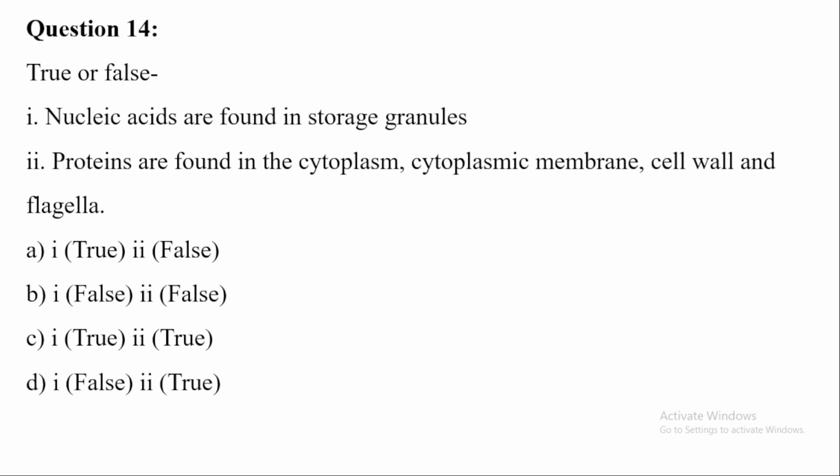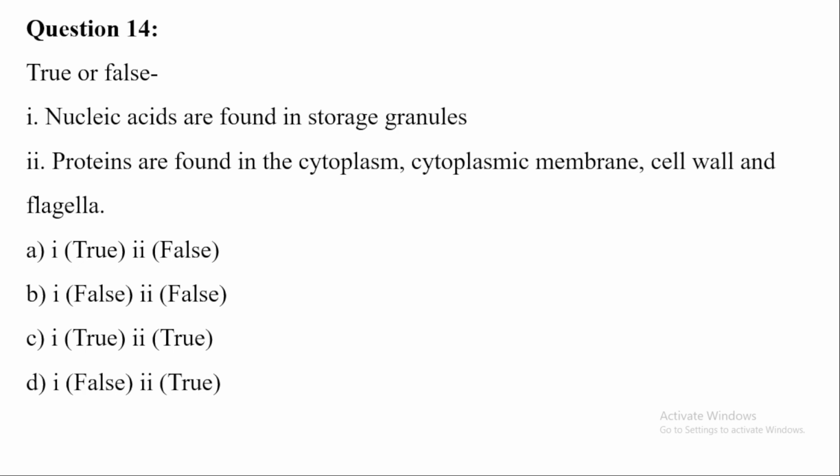Proteins are found in cytoplasm, cytoplasmic membrane, cell wall and flagella. So proteins are the basic building units. So they are found in most of the structures of a cell. Okay, so it is found in cytoplasm, it is found in the cytoplasmic membranes. The membranes have certain proteins that help in the transport.